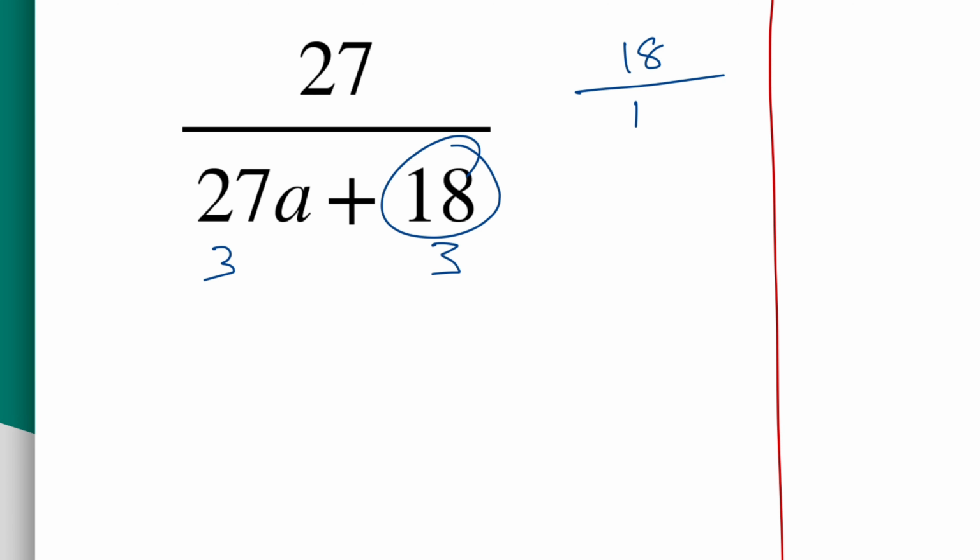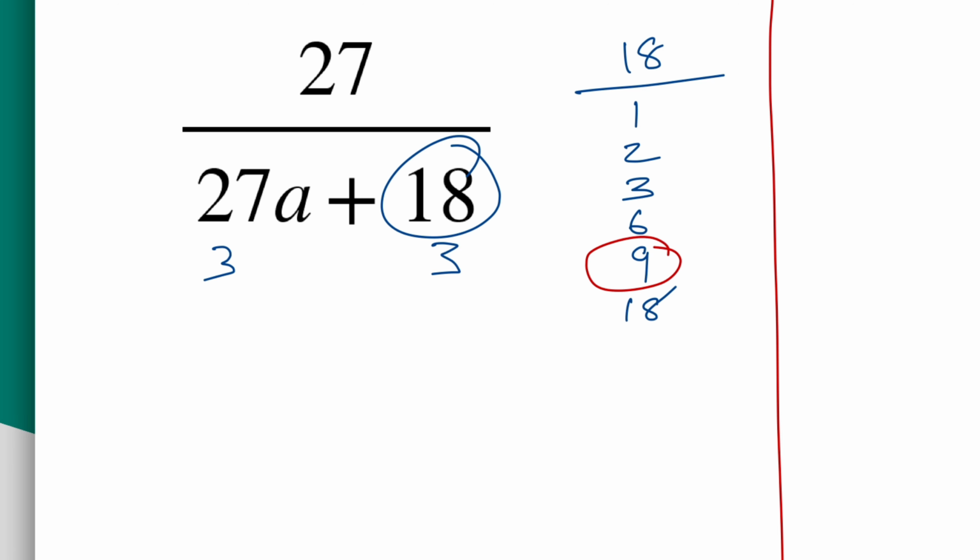So I know 1 goes into 18, 2 goes into 18, 3 goes into 18, 4 doesn't, 5 doesn't, 6 does, 7 doesn't, 8 doesn't, 9 does, right? And in fact, look at that, just caught one of my mistakes there. Well, and also 18 does. And we want to grab the highest number that goes into both, right? So I see that 9 can go into 27 and 9 can go into 18.